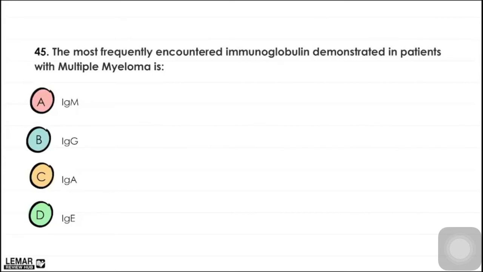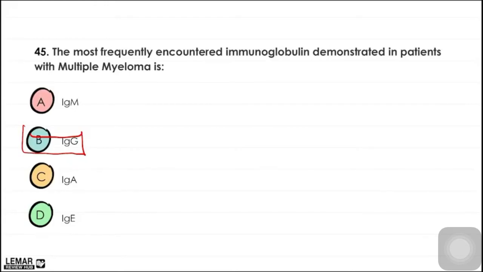The answer here is letter B, IgG. In patients suffering with multiple myeloma, the most commonly encountered immunoglobulin is IgG.